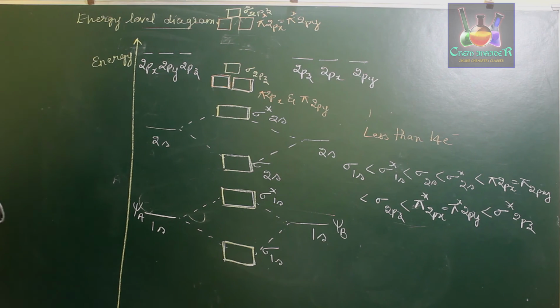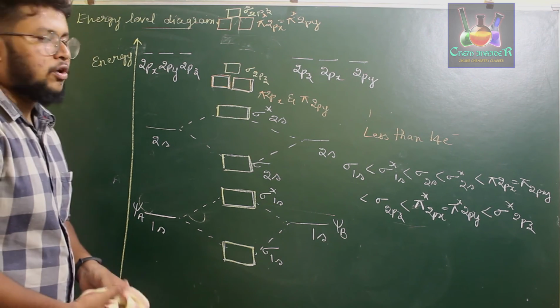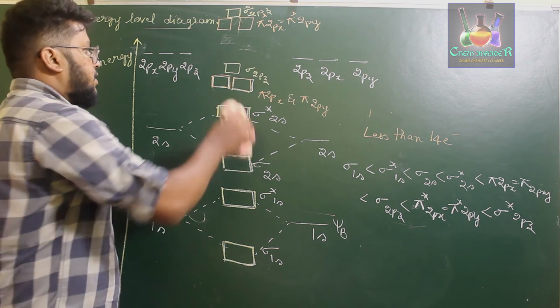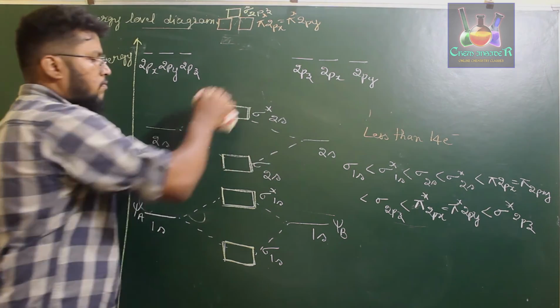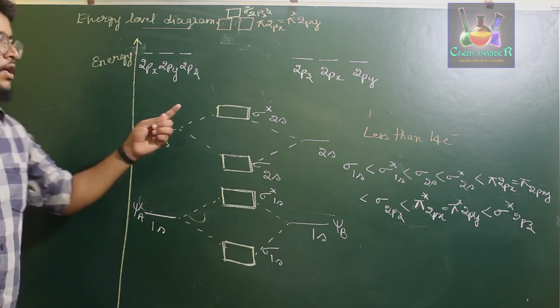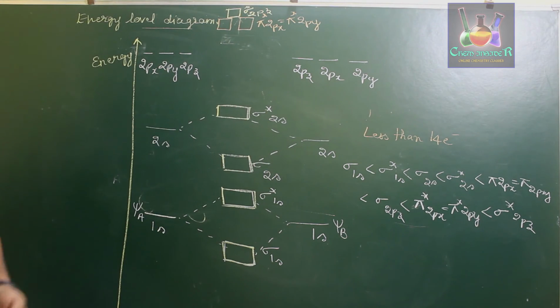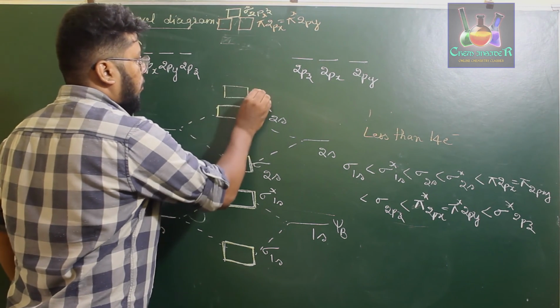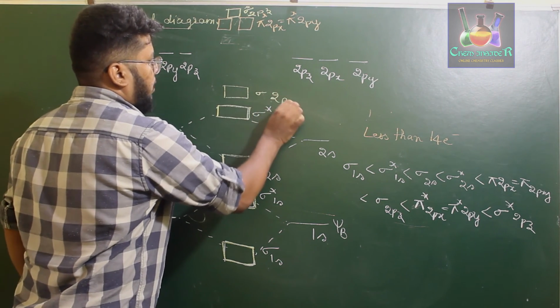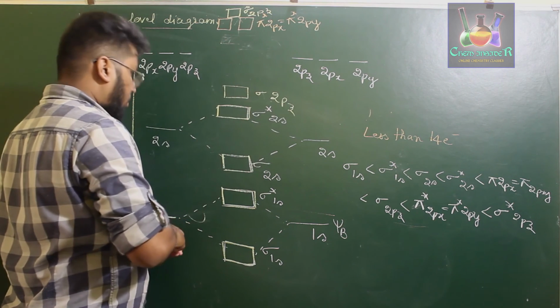So the only difference is that the sigma 2pz orbital will have less energy than the pi 2px and pi 2py orbitals.